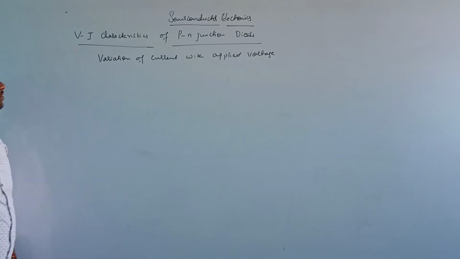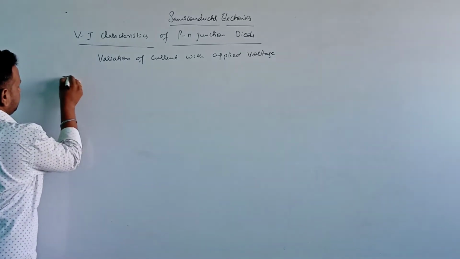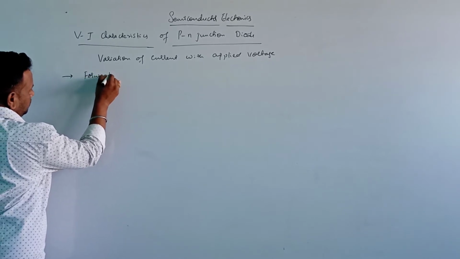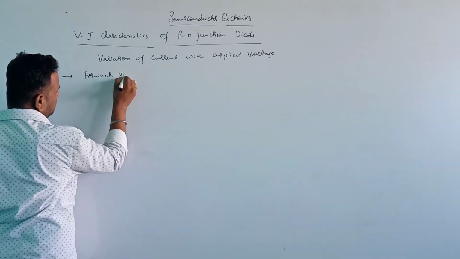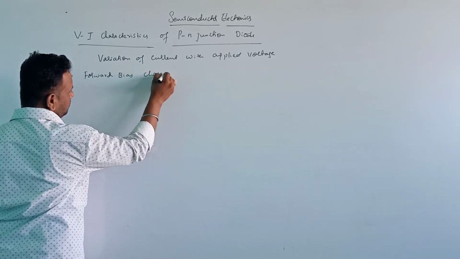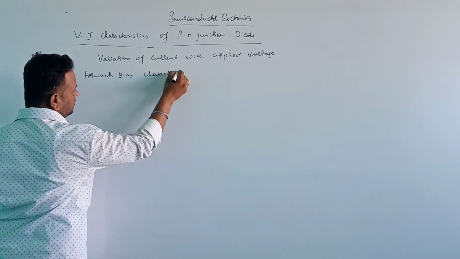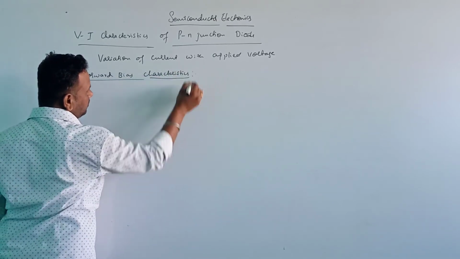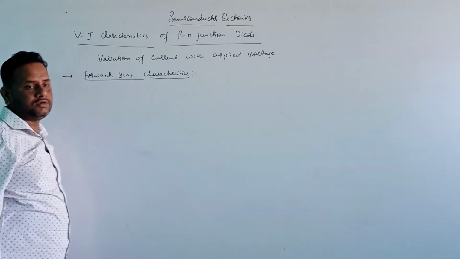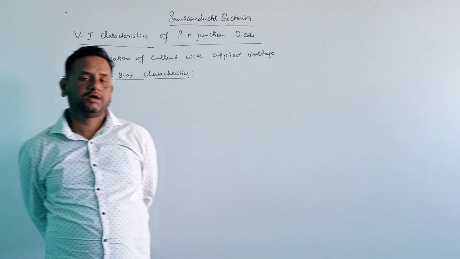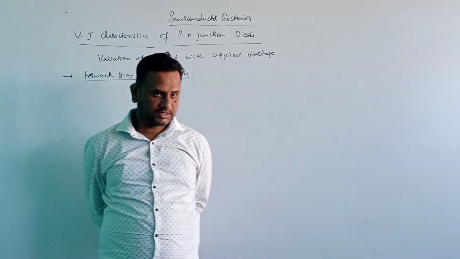In this, first we will discuss the forward bias characteristics. As in the last class, we have already discussed what we mean by forward biasing and what we mean by reverse biasing.